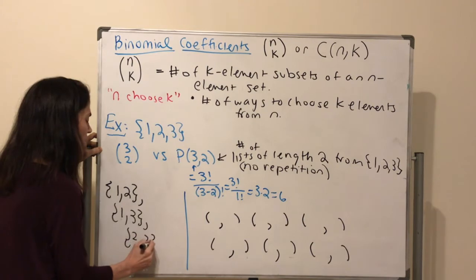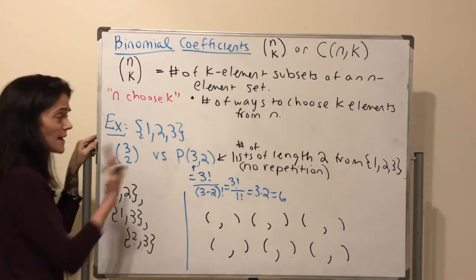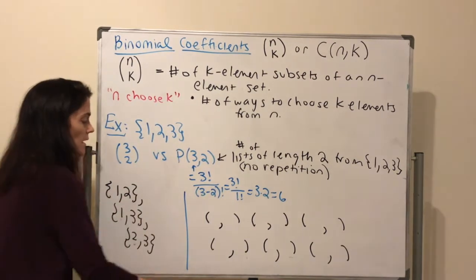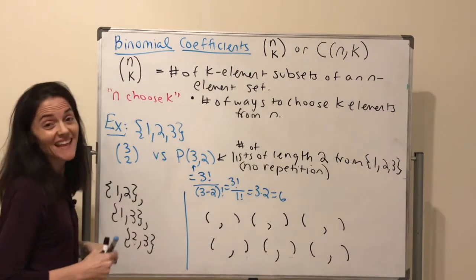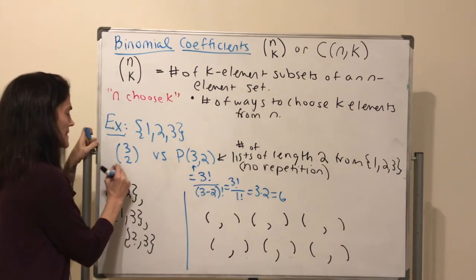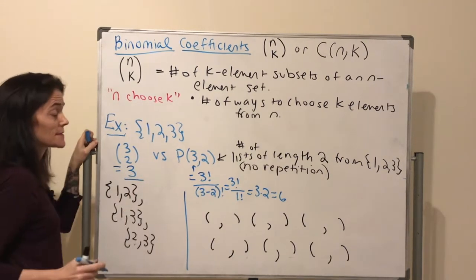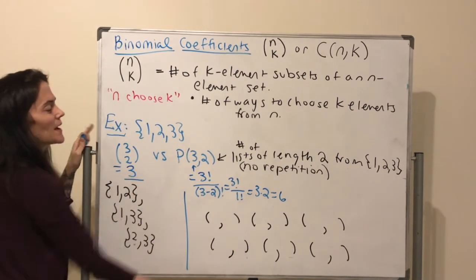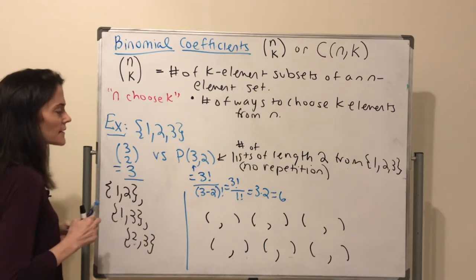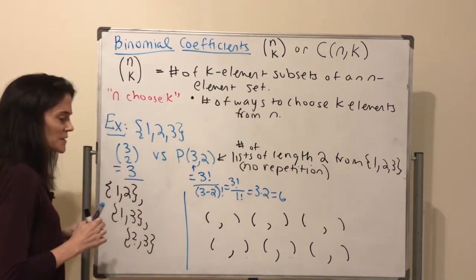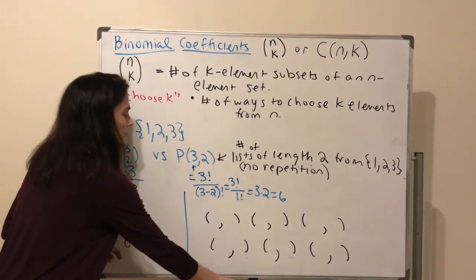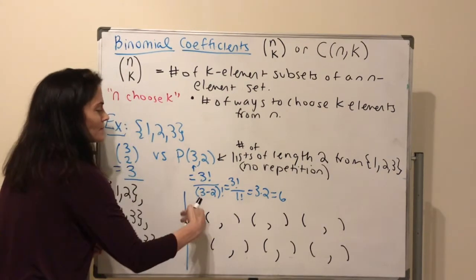These are all 2-element subsets of this larger set. We see, just from this calculation, that 3 choose 2 is 3.